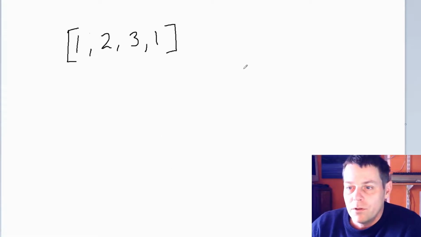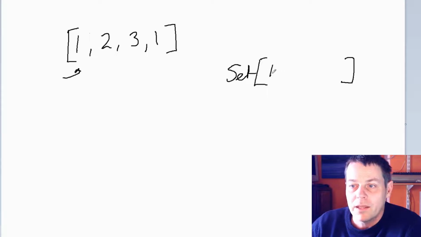So what I'm going to do is make my hash set, and loop through the array. I'm going to look at the 1, and say, does the set contain a 1? At the minute the set's empty, so the answer is no. And if the set doesn't contain a 1, I'm going to put it in there.